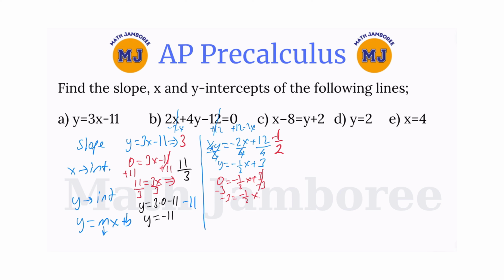To get x by itself, we will multiply both sides by negative 2 over 1, the reciprocal of the first one. These cancel each other out. Negative 2 times negative 3 is positive 6. So our x-intercept is positive 6.